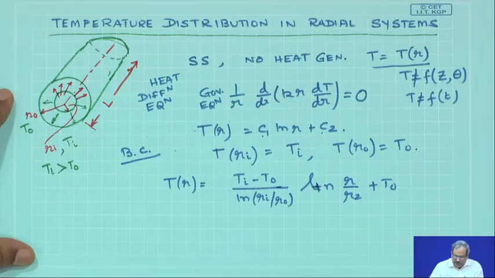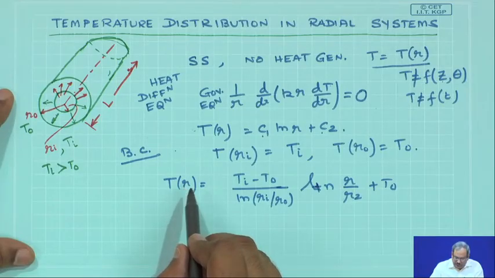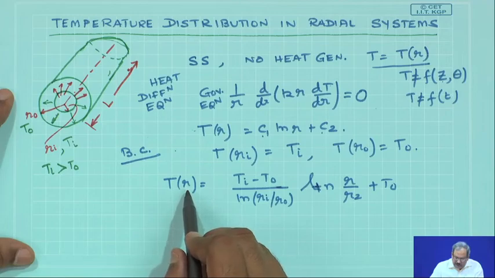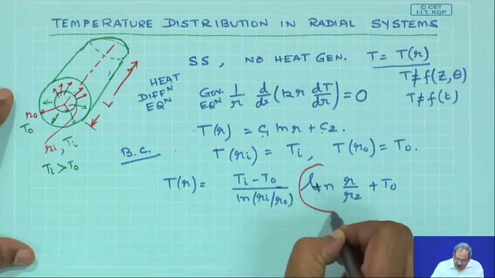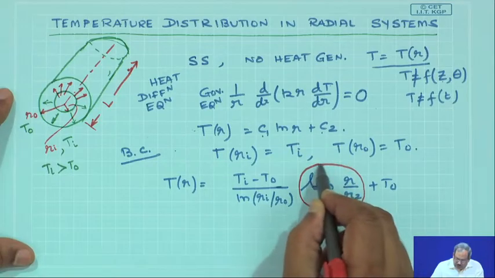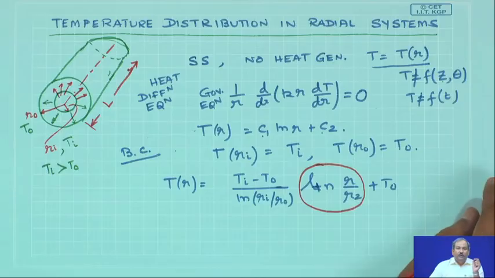Here, I think we should appreciate that the temperature distribution, unlike the case of a planar system, is not a linear function of position, but it is going to be a logarithmic function of the radial location. So that is very important to note: it is no longer going to be a linear distribution, it is going to be a logarithmic distribution.